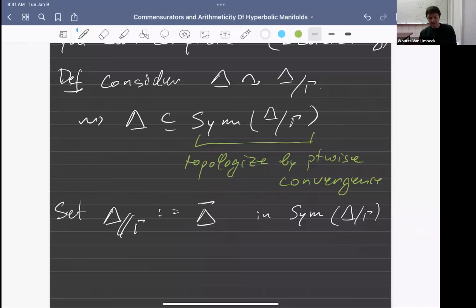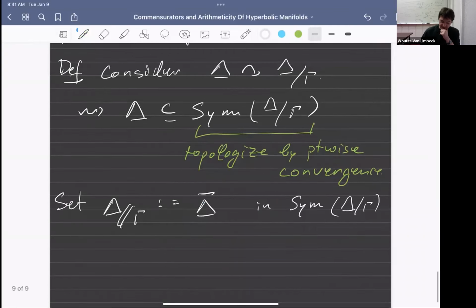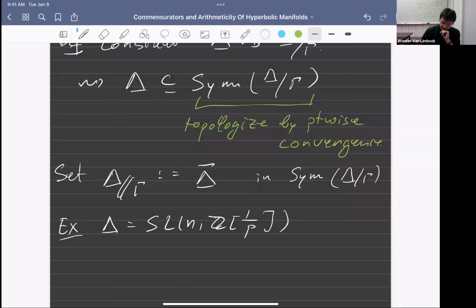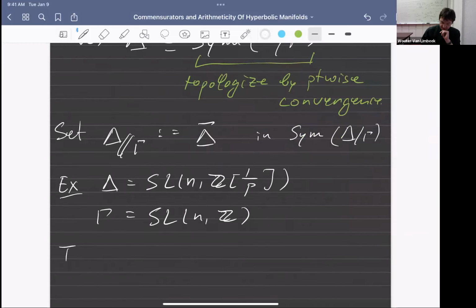Now, surely this is pointless, right? The first time that I think we realized that this construction might actually be useful for something is that if you take delta to be this S-arithmetic example and gamma to be the arithmetic one, then this completion actually gives you the p-adic group.